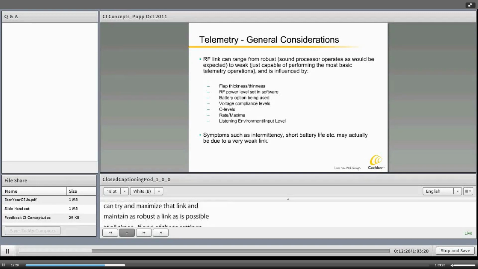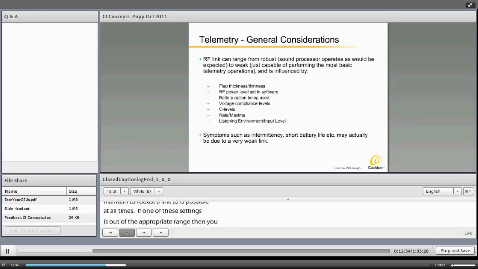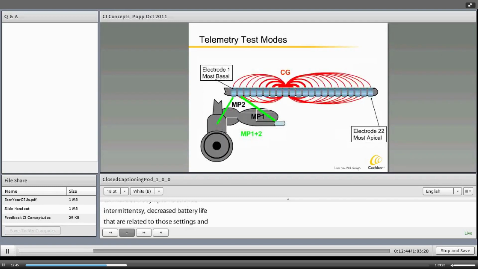If one of these settings is out of the appropriate range, then you can have some symptoms such as intermittency, decreased battery life, that are related to those settings and not necessarily to the actual link between the two components.